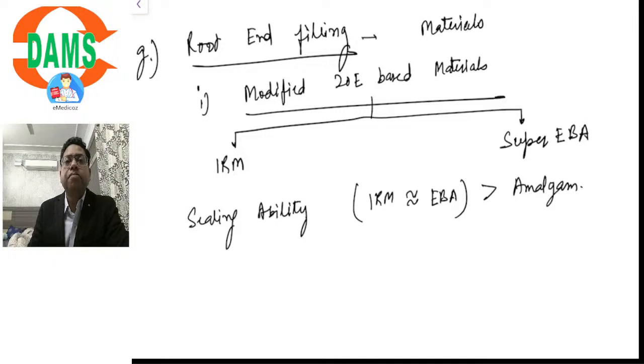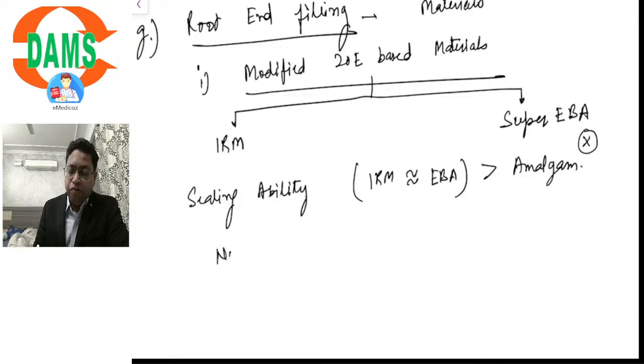Conventionally, dental amalgam has been used as a root end filling material also, just like the coronal filling material. But in the strictest sense, in contemporary endodontic practice, amalgam is not recommended anymore as a root end filling material.